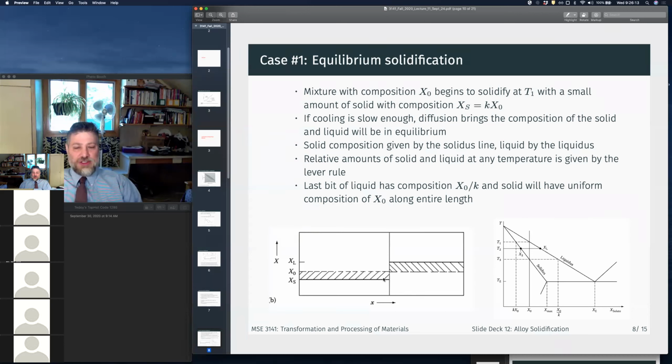So the bar is uniform, but then the next tiny little sliver that freezes is going to be slightly higher than the composition out here. The next little bit of liquid that freezes is going to be slightly more dilute than the remaining liquid, right? And eventually we will freeze out and everything will be nice and uniform. The last bit of liquid will have this composition to freeze.